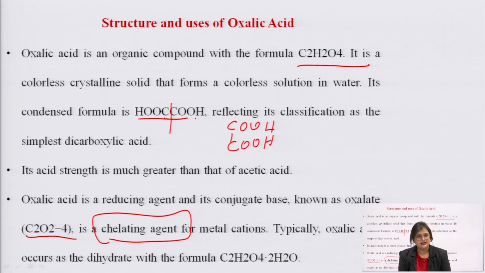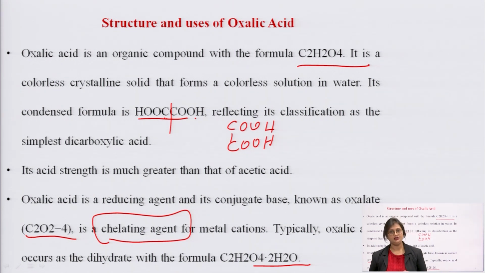Typically, oxalic acid occurs as a dihydrate with the formula C2H2O4.2H2O. So, in nature, oxalic acid usually occurs in the form of the dihydrate, C2H2O4.2H2O. These are a few characteristics of oxalic acid.